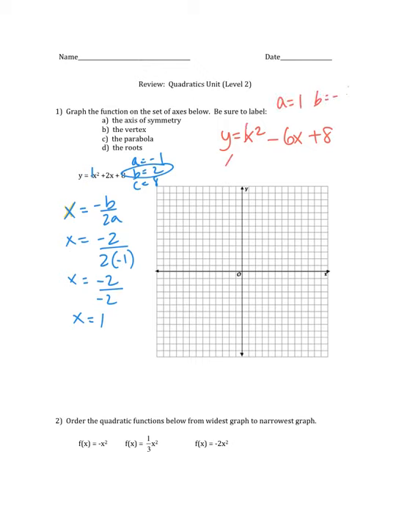My b value is negative 6, and my c value is 8. So when I do x equals negative b over 2a, x equals negative 6 over 2 times 1. So that becomes positive 6 over 2, which is positive 3.